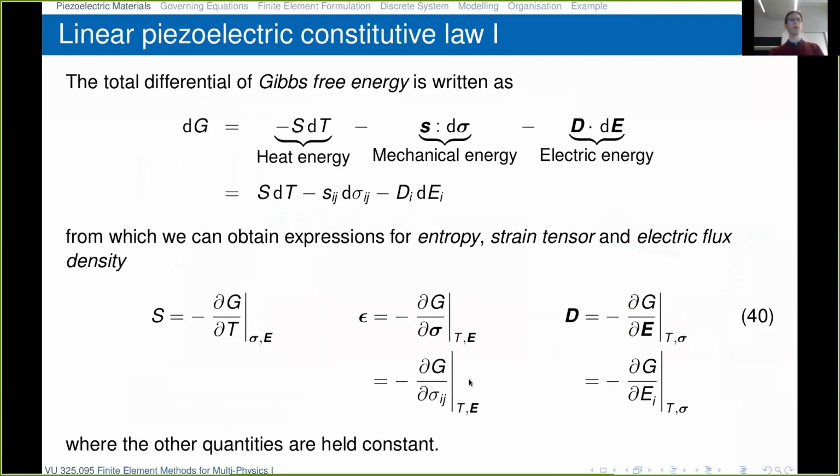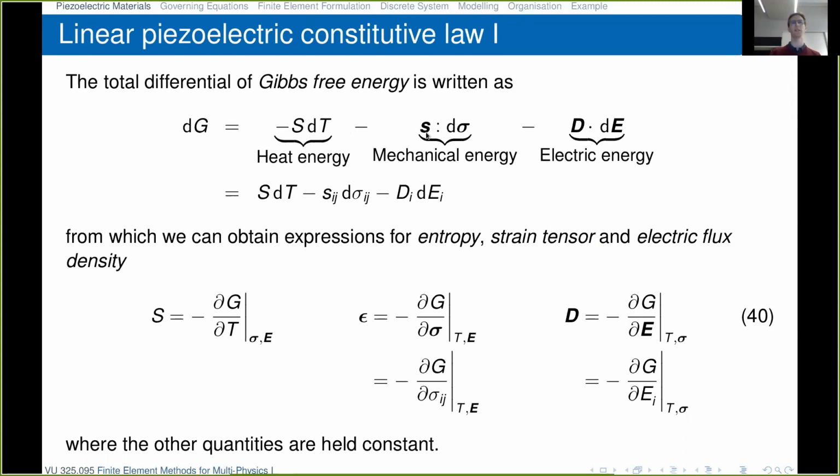Okay, so how is this constitutive law usually derived? The entry point is the total differential of the Gibbs free energy. You can write it as the parts of heat energy, mechanical energy, and electric energy. For the sake of completeness, I've also given the tensor notation.